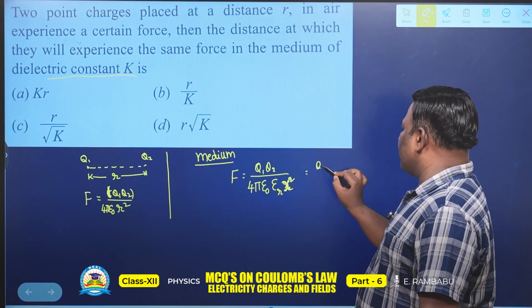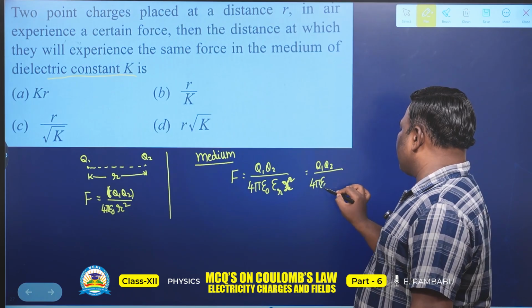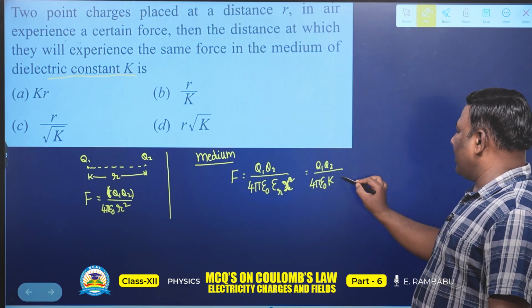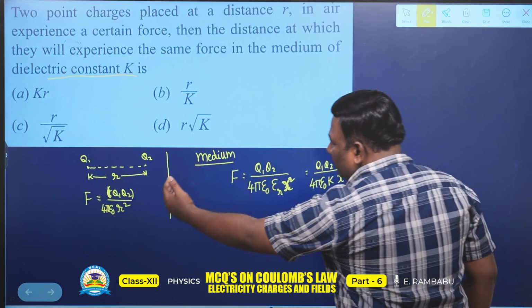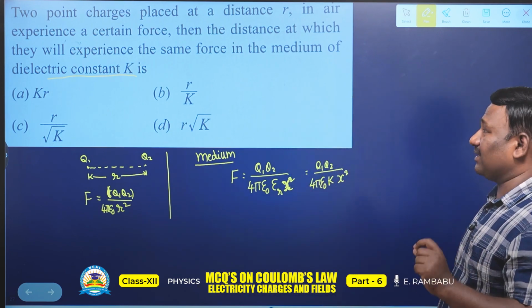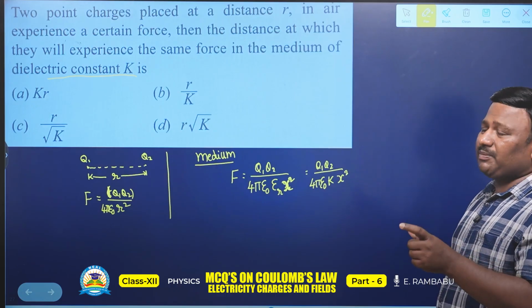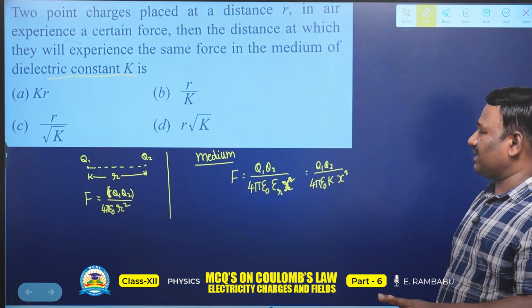Here it is also written as Q1 Q2 by 4 pi epsilon naught into K x square. That is the force in air, and that is the force in the medium. But they ask the condition, that is, at what distance the force between two charges in air and in the medium is the same.